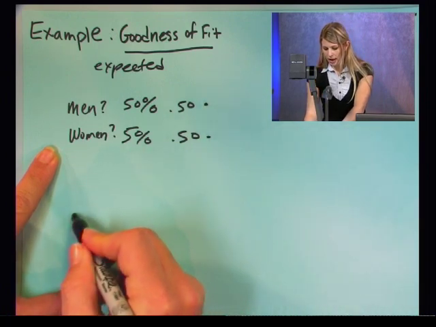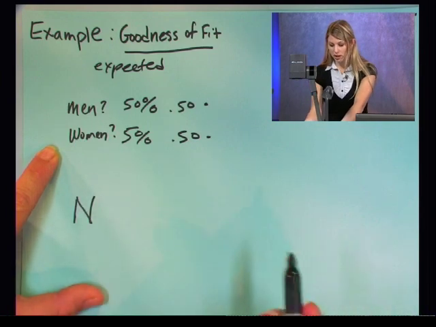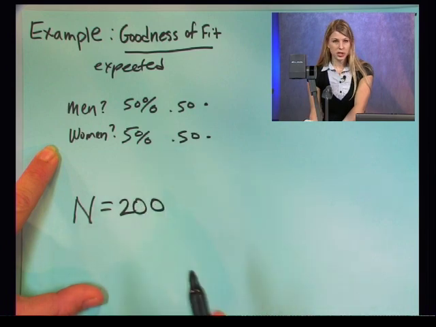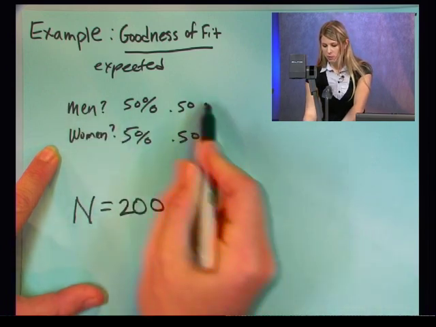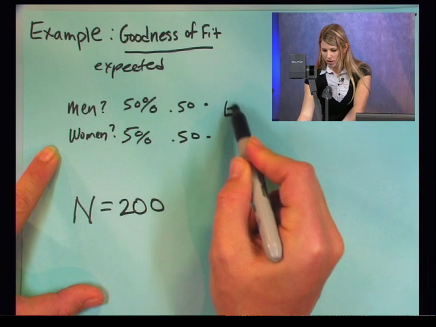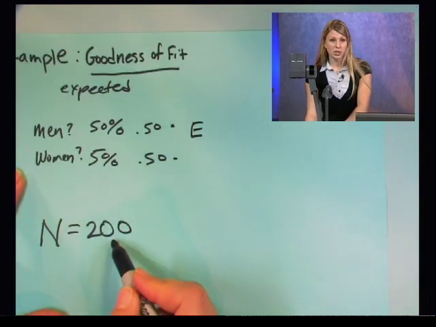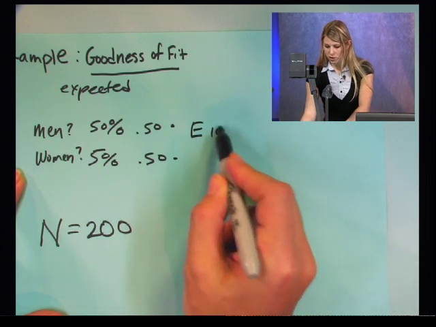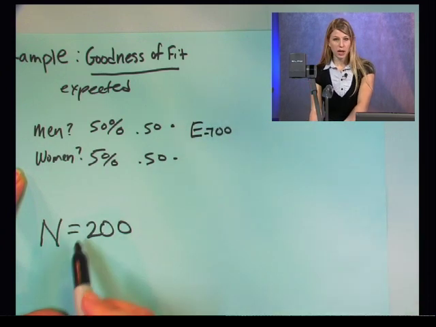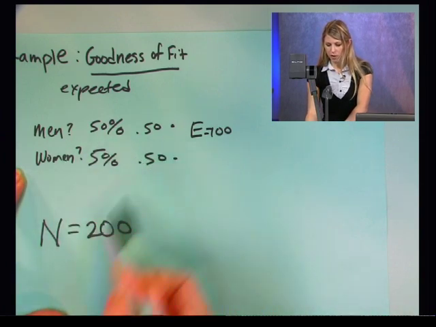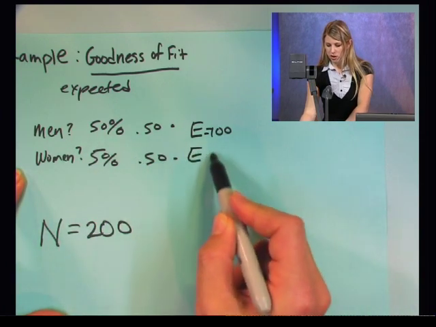So if the total n in your class, instead of 100, if your total n was 200 for your sample, then how many men would you expect here? Your expected value for men would be 0.50 times 200 or 100. So your expected value is 100. Your expected value for women based on this probability is 0.50 times 200 equals 100.